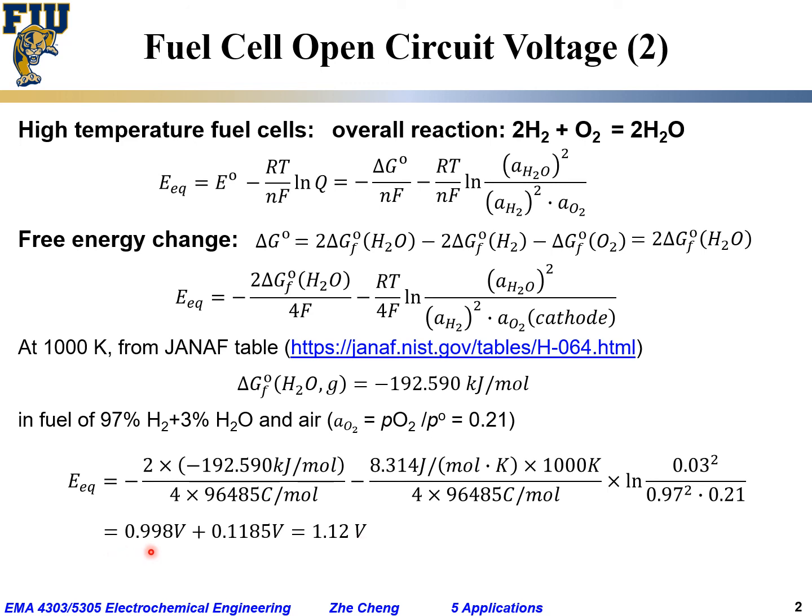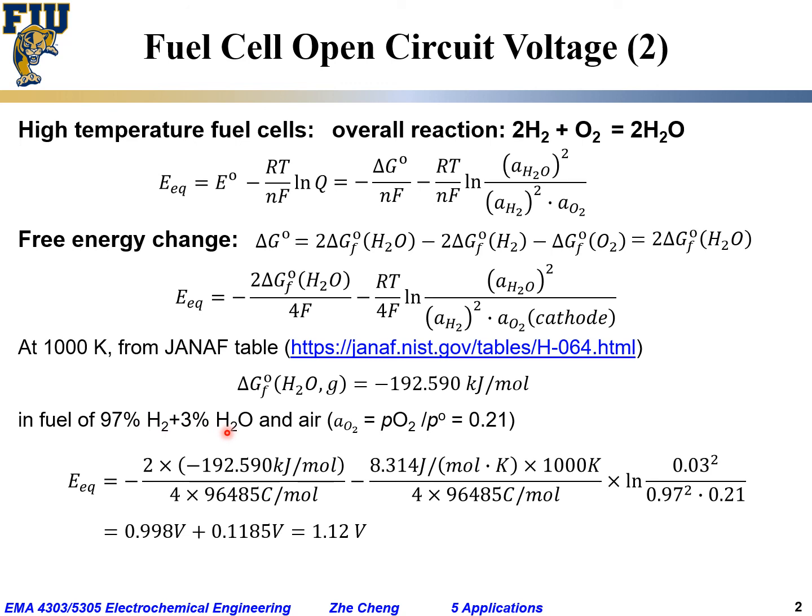But this is an actual fuel. It's not the standard cell potential, but the cell potential for this practical fuel and practical oxidant. Note that the oxygen activity is not 1 but 0.21 because we are using air, and the hydrogen and the water, we mix them together.